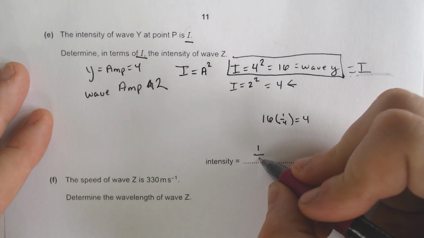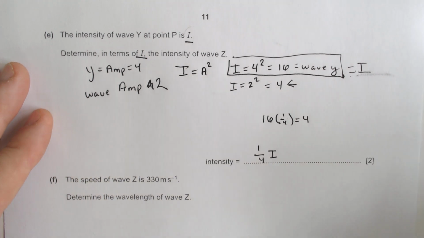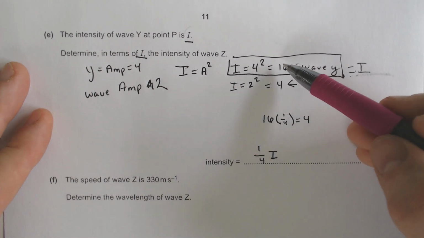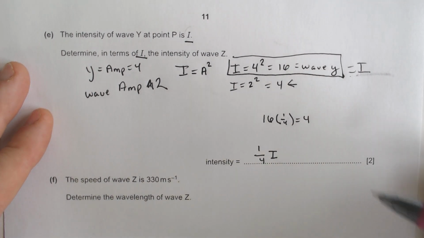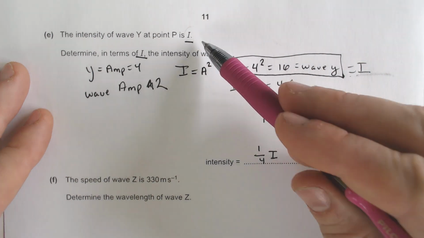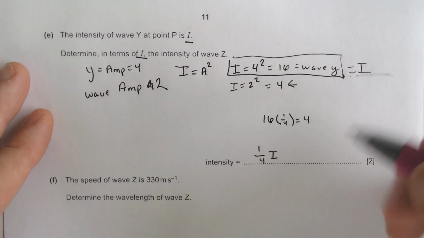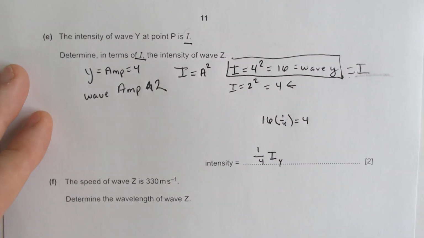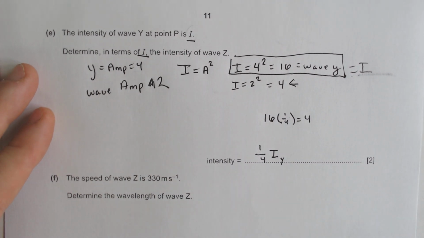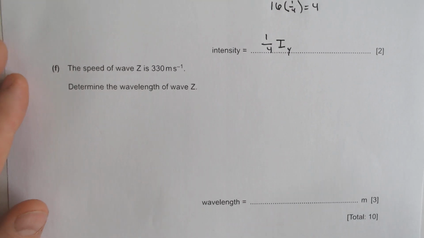So that means that we would write 1/4 of I here because that is the original wave Y that we had to deal with. It had to be in terms of Y. Z is 1/4 of the original intensity of Y. You do not want to put a sub Y there, but I'm just doing that to hopefully allow you to understand a little bit better.